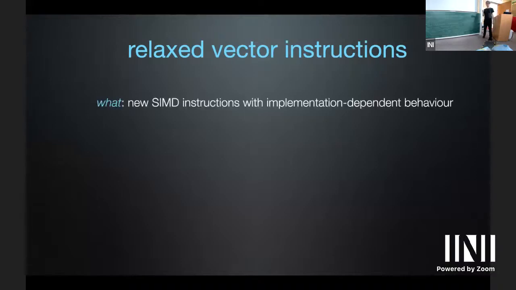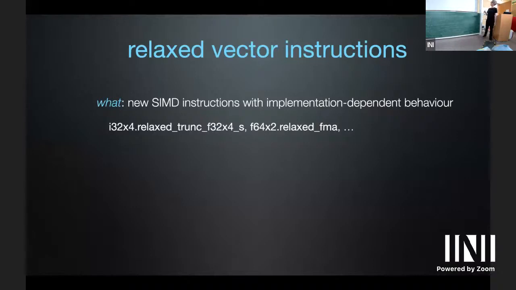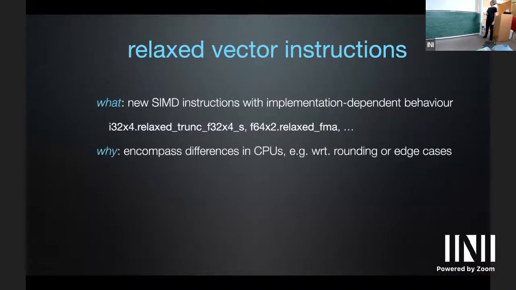So these are instructions that have non-deterministic behavior, and they are marked with specific mnemonics, where on some CPUs some corner cases behave slightly differently. I forgot all the details because I usually have to close my eyes when I see that, but rounding, for example, like rounding corner cases.